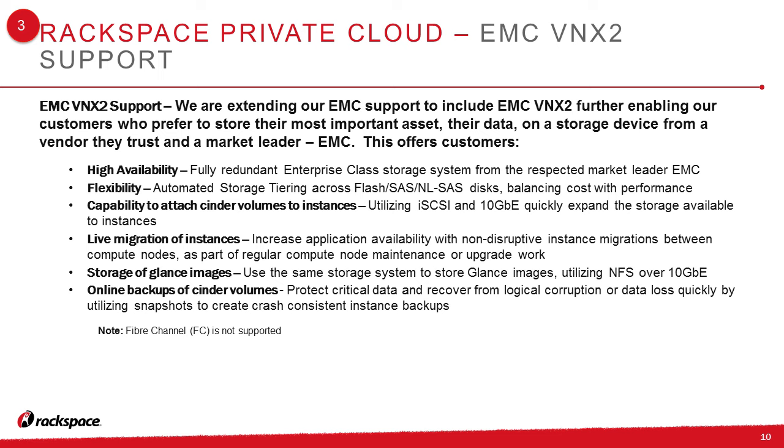We have enabled the ability to add Cinder volumes to instances using iSCSI. We already have environments with 10 gig Ethernet, so we'll be using that standard network. It also enables live migration, very similar to Ceph. And we can also use part of the storage array to store Glance images.